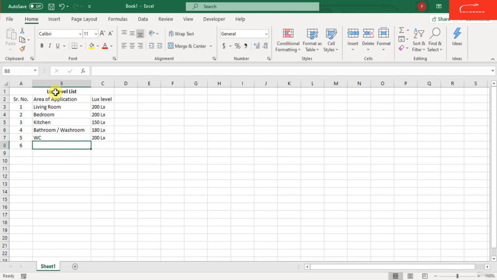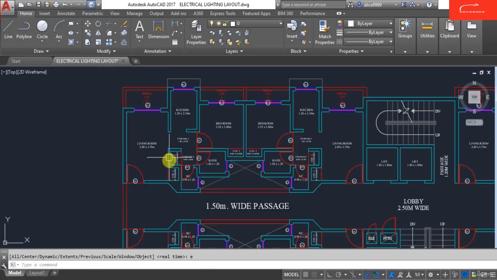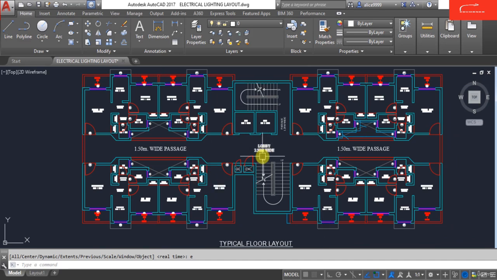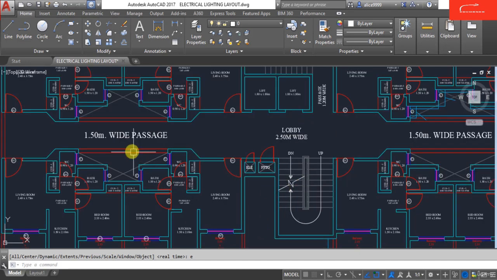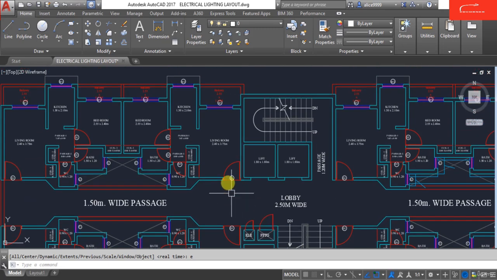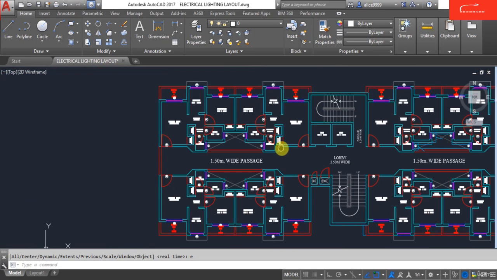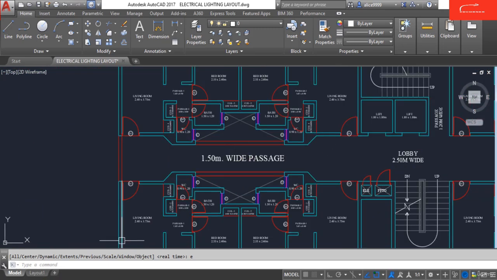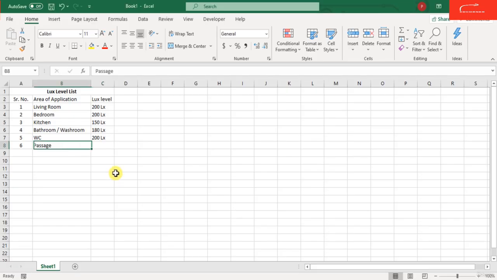I will extend the list by the passage, because in this typical floor plate there is a passage, as well as a staircase and a lift. So multiple common areas are available, and I will put the lux level of each and every area.